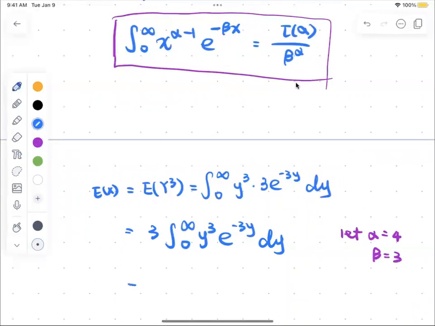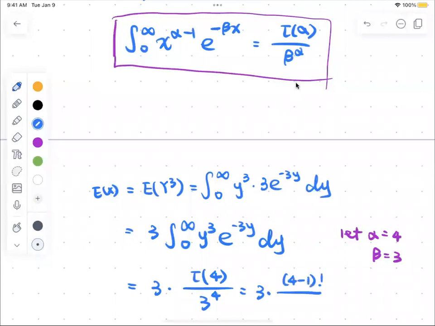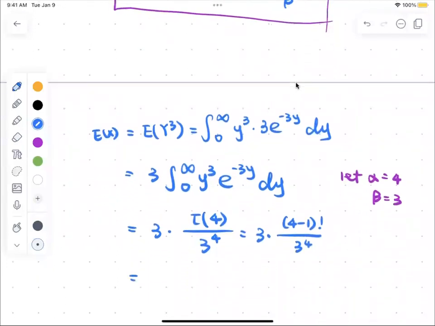As we see here, this integral is equal to the gamma function evaluated at alpha, which in this case is 4, over beta to the power of alpha. In this case, beta is 3 and alpha is 4. And if you recall from lectures, the gamma function evaluated at 4 is equal to 4 minus 1 factorial. If you plug this into a calculator, I believe you're going to get 2 over 9.